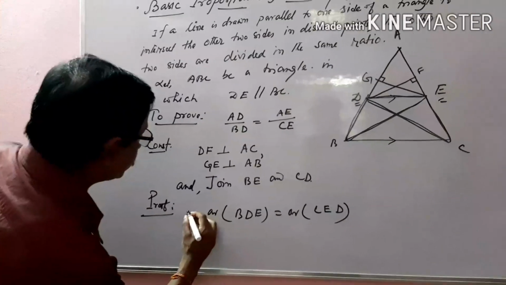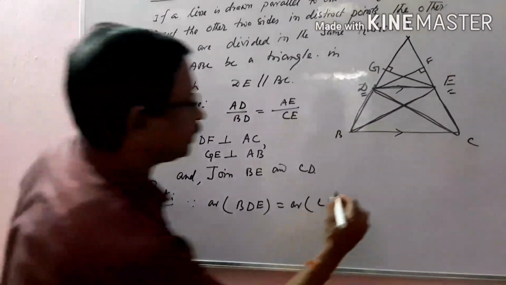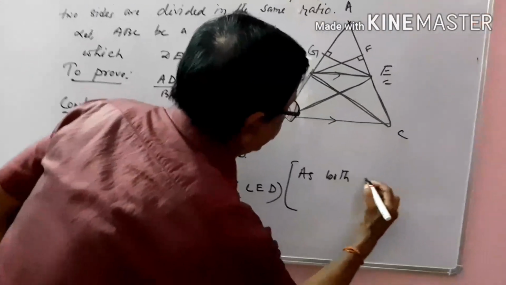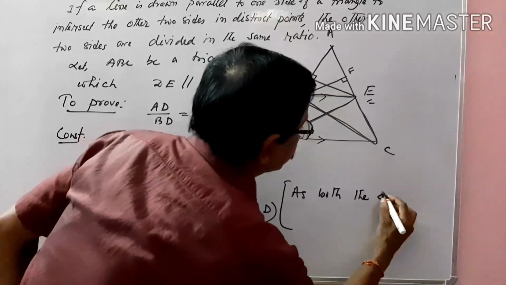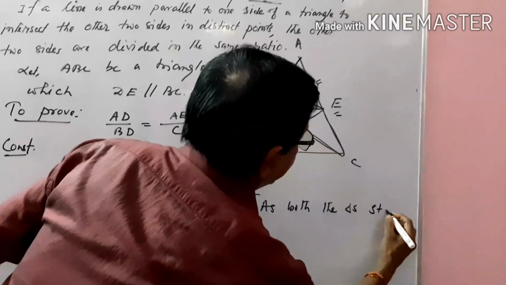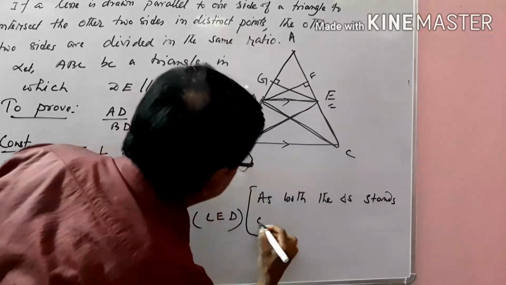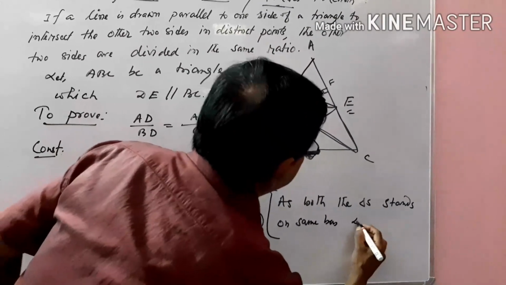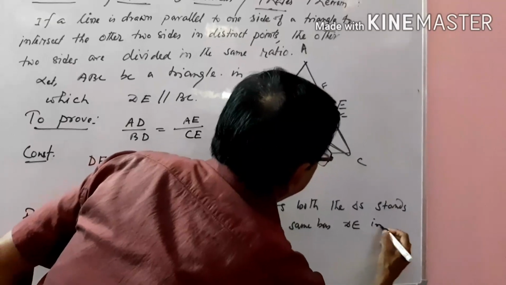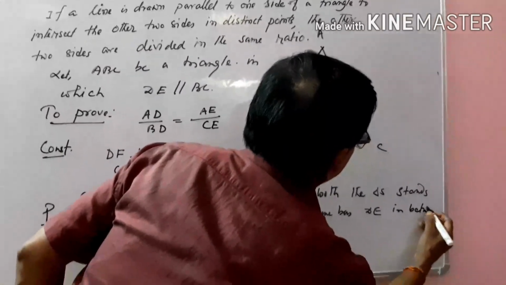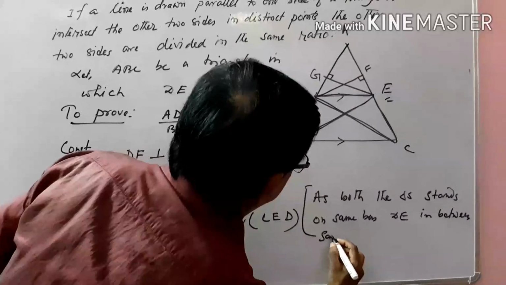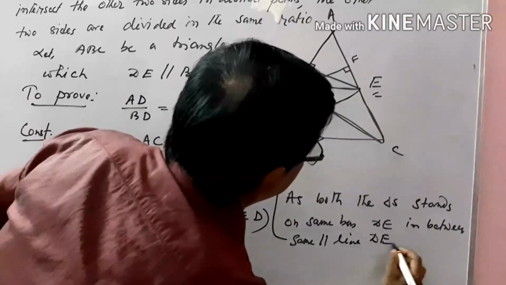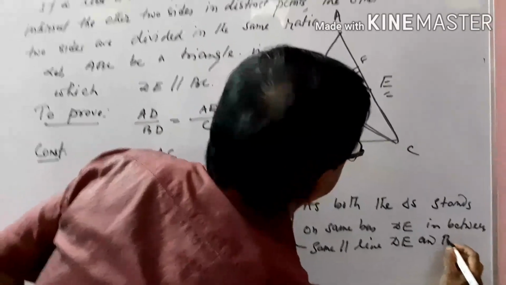Why? Since these two triangles are equal, as both the triangles stand on the same base DE and in between the same parallel lines, DE and BC.